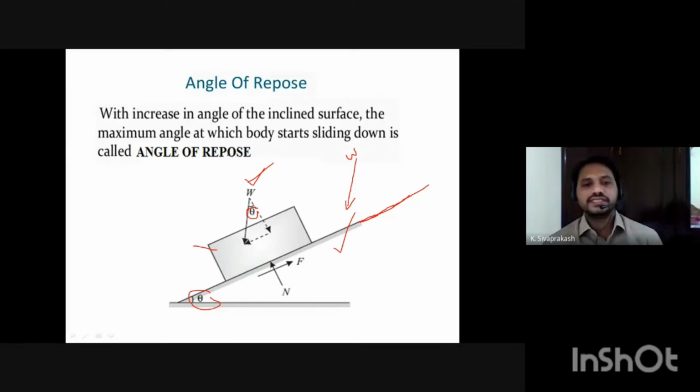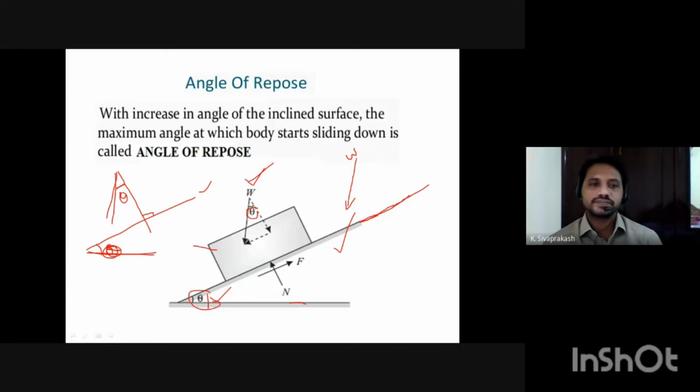How? Because if the inclined surface makes an angle theta, the perpendicular drawn on the surface also makes the same angle theta. If the inclined surface makes theta along the x direction, the perpendicular drawn on the inclined surface makes the same angle theta along the y direction.